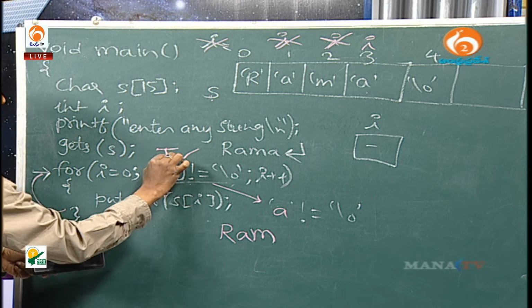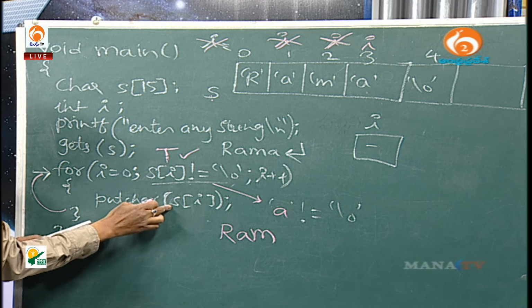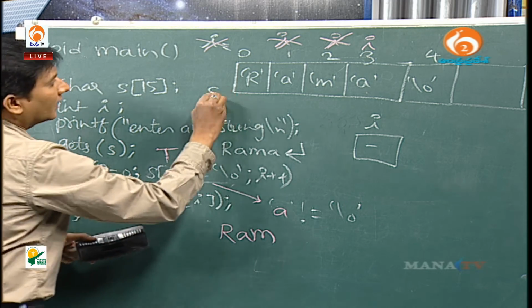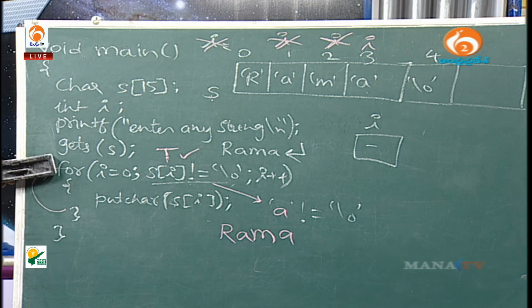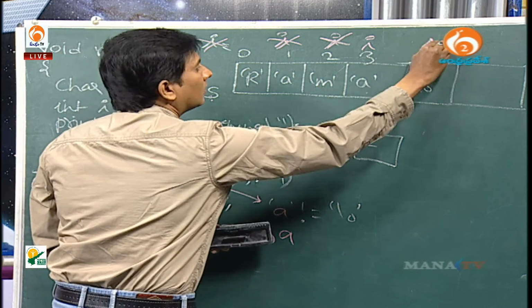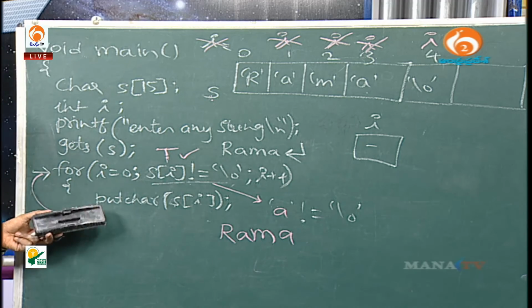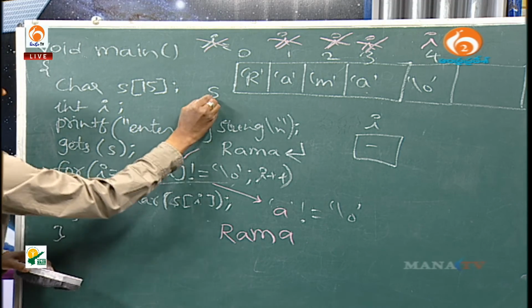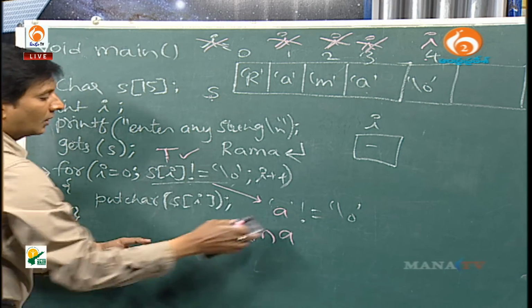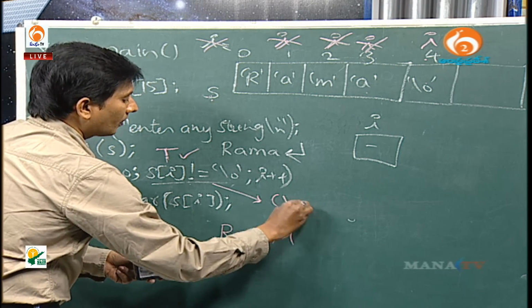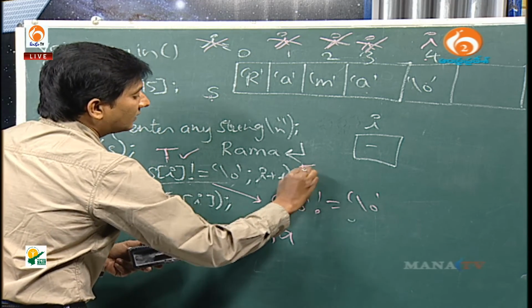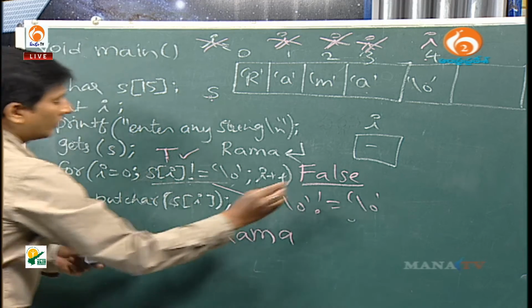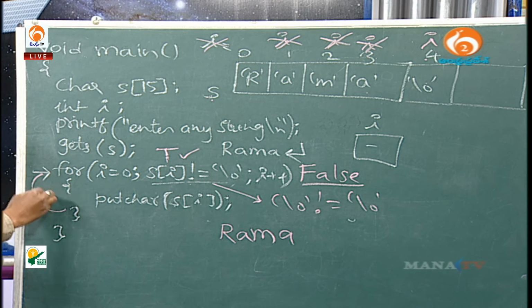Next, putchar s of 3, that is A. Next iteration, i plus plus, i equal to 4. s of 4, that is backslash 0, is not equal to backslash 0, which is false. Now the condition becomes false, and control comes out of the for loop. That is it.